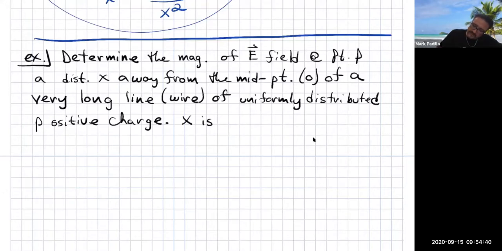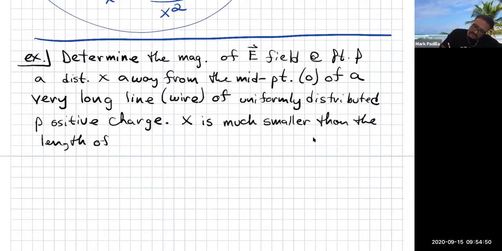X is much smaller than the length of the wire. Okay, determine the magnitude of the electric field at point P, a distance x away from the midpoint O of a very long wire of uniformly distributed positive charge. X is much smaller than the length of the wire.